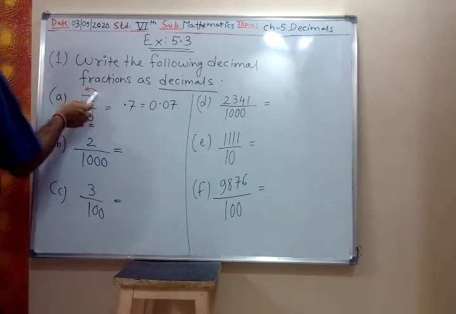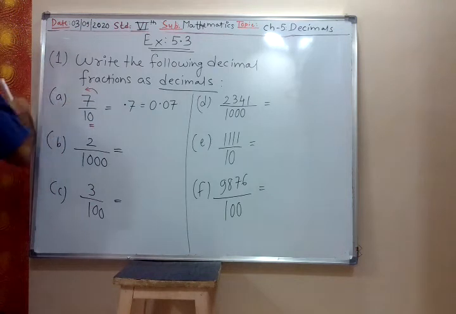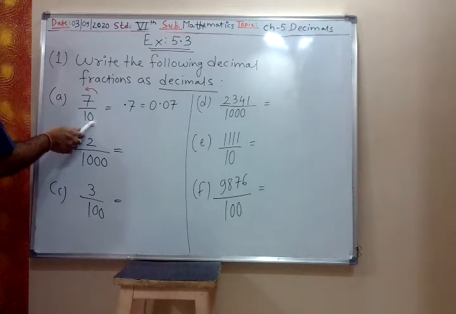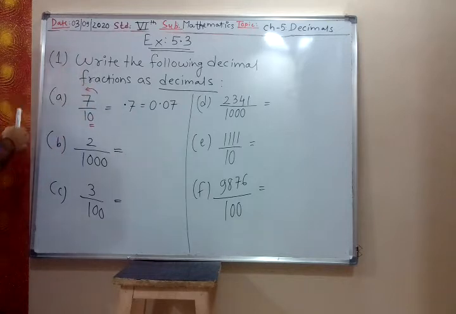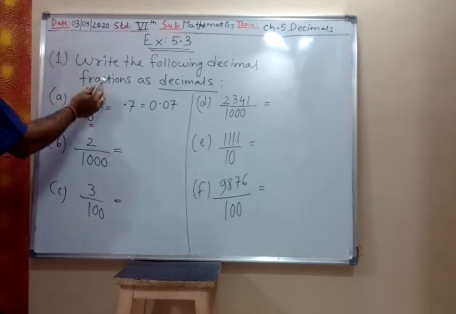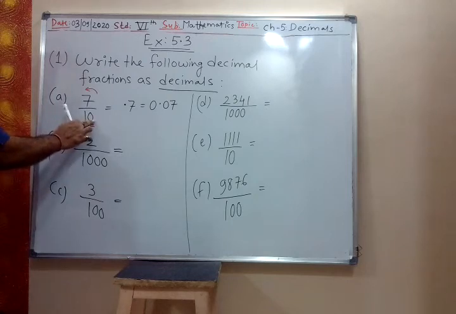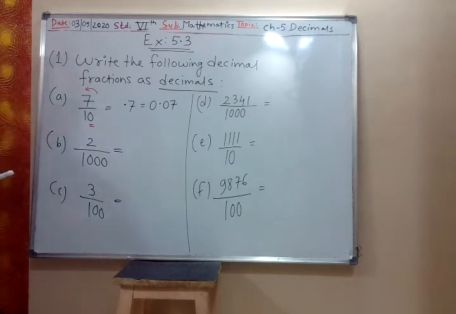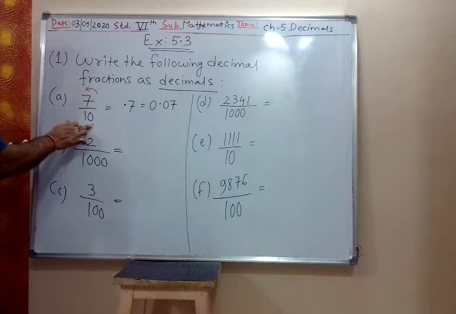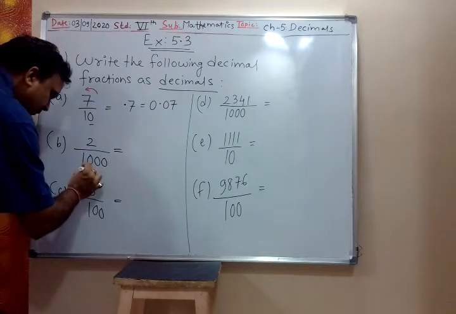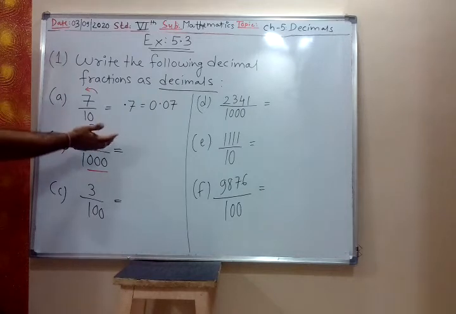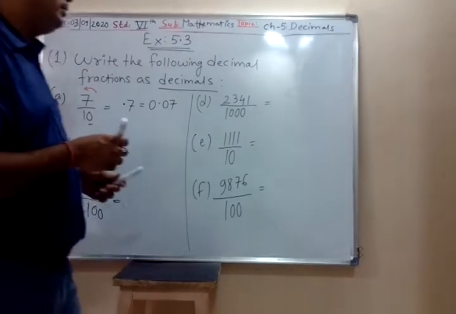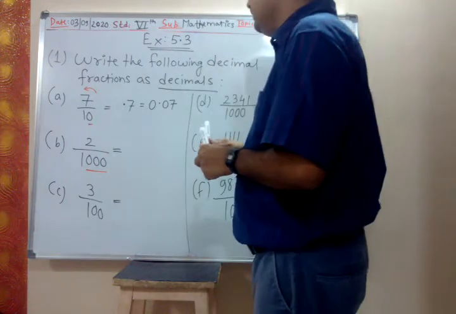So we put the point from the right side. 10 in the denominator, so I will put the decimal after 1 digit. Let us take the next. How many zeros are there? There are 3 zeros. So I will put the decimal from the right.